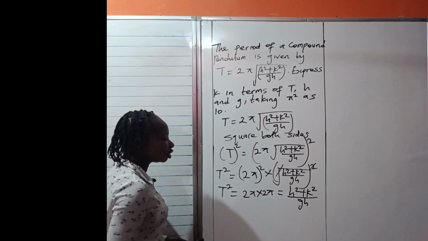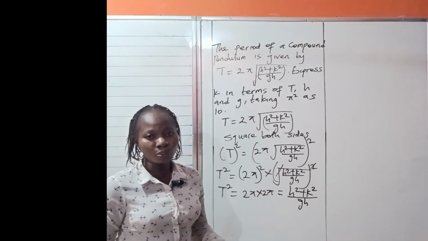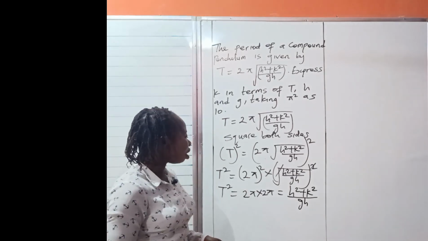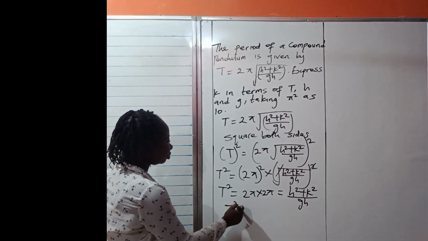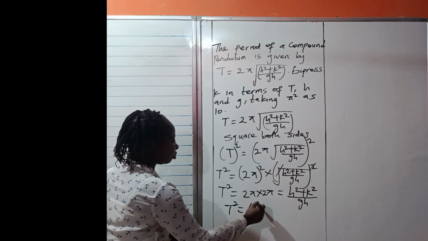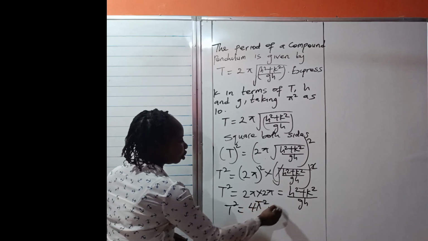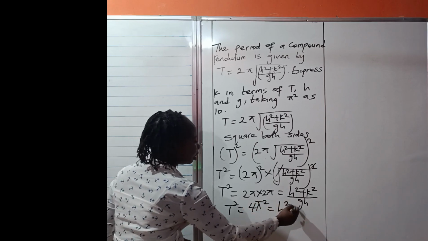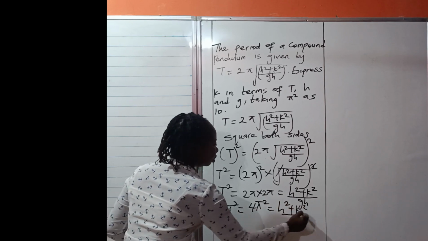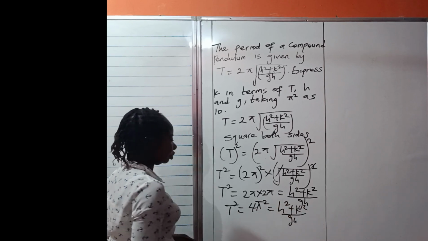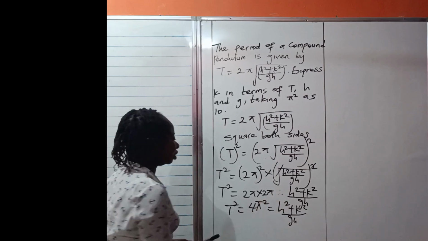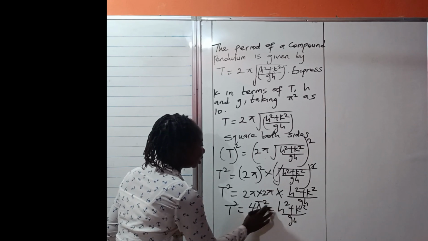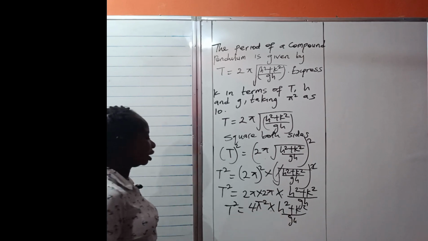So if you multiply 2 pi by 2 pi, that will give us 4 pi squared, which multiplies this (h squared plus k squared) over gh. This is multiplication, sorry. So we are multiplying this and this.